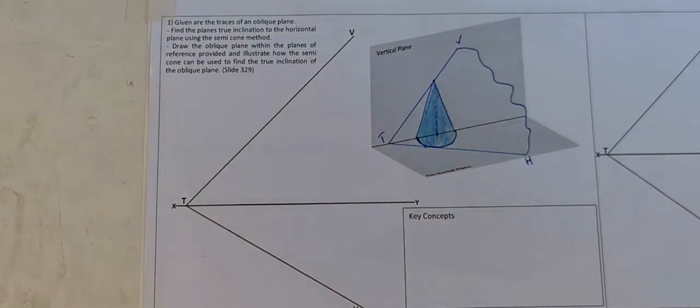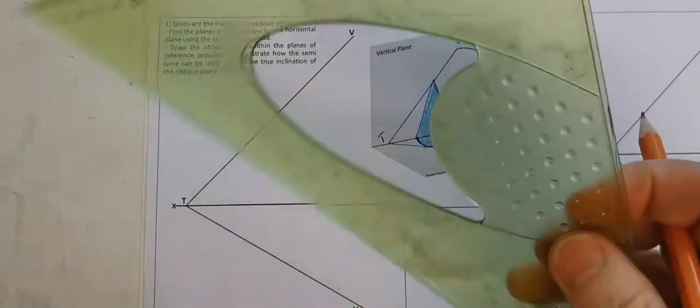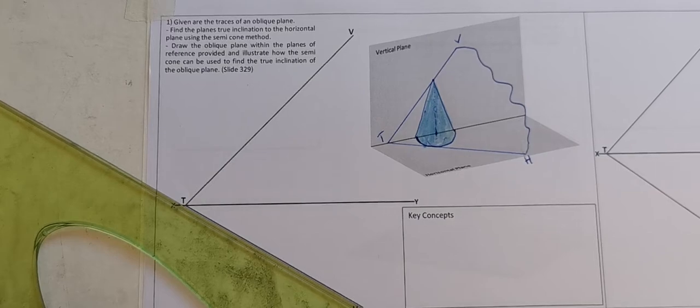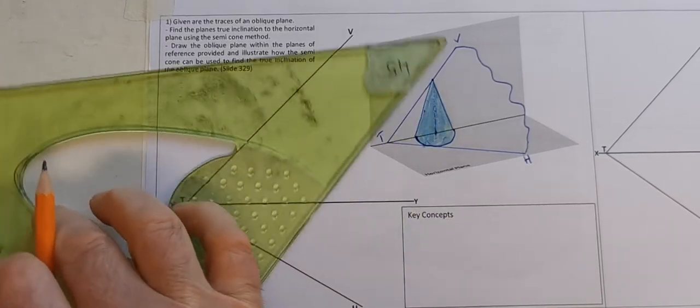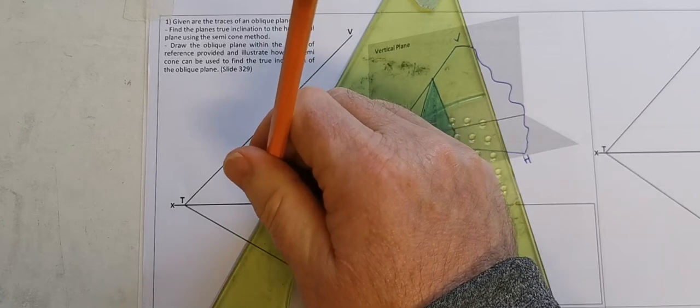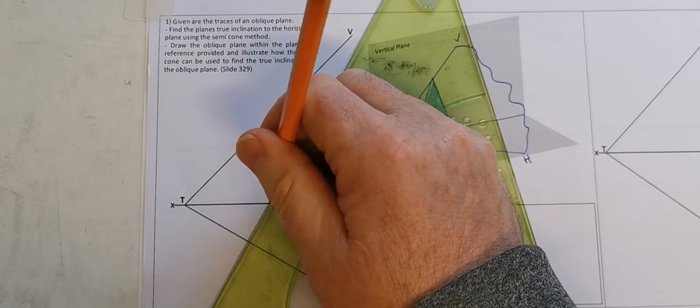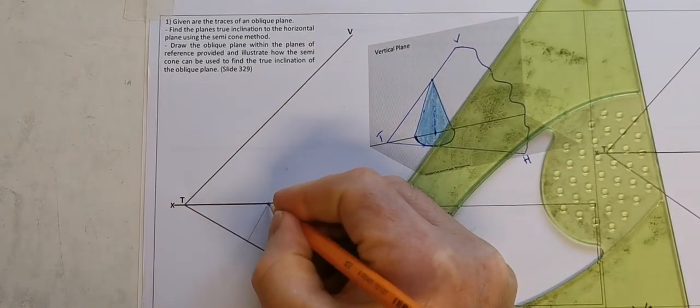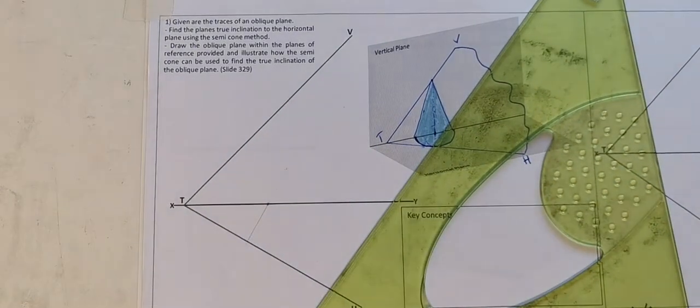So, sorry guys, dying with a cough. I'm going to go anywhere at all, it doesn't matter where you do it. I'm going to go at 90 degrees to the horizontal trace. So that's going to be the vertex, the top of my cone.